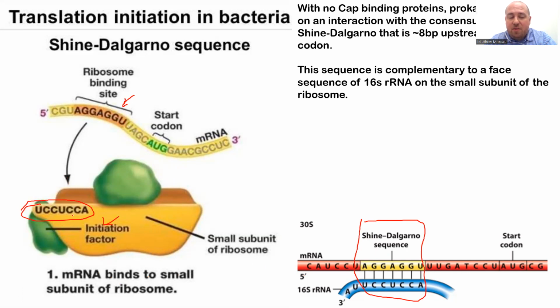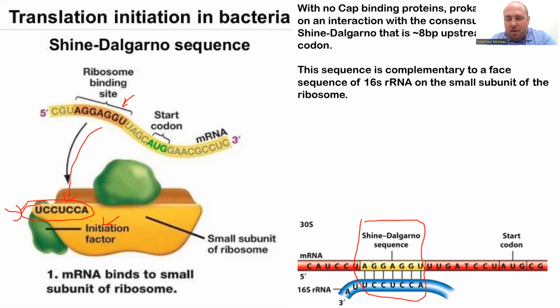That's going to cause a conformational change, which will pull the 16S rRNA up to the binding groove for the mRNA. And then the ribosome binding site, the Shine-Dalgarno sequence, will complementarily bind to that.